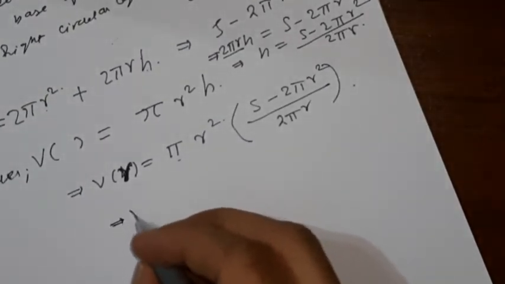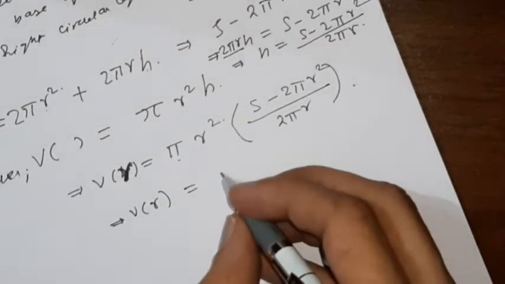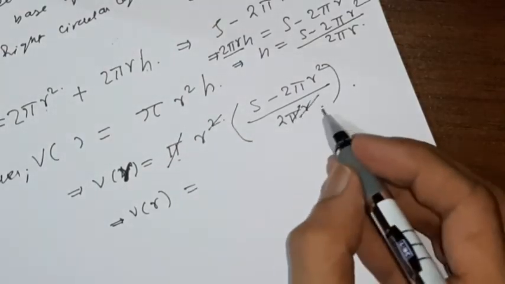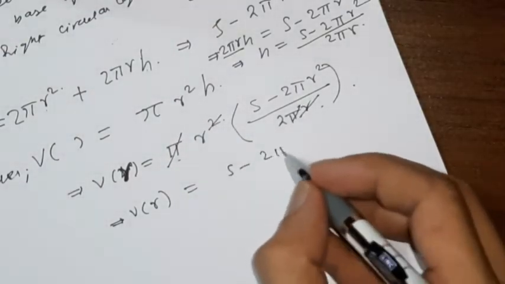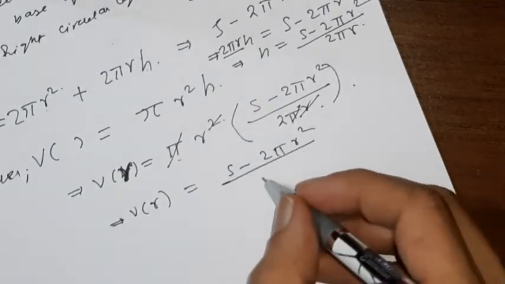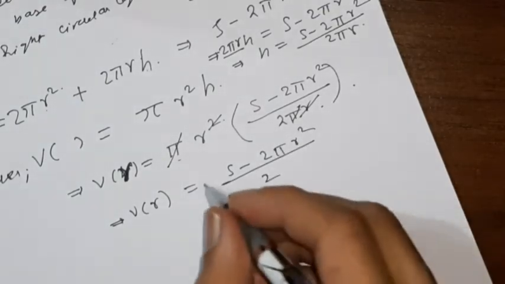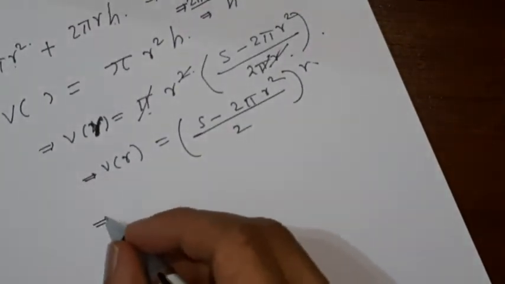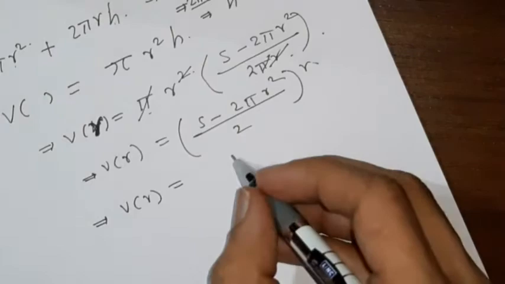Pi and pi get cancelled, and one r gets cancelled. So S minus 2 pi r square divided by 2, and one r remains, which is multiplied. So V of r is nothing but what?